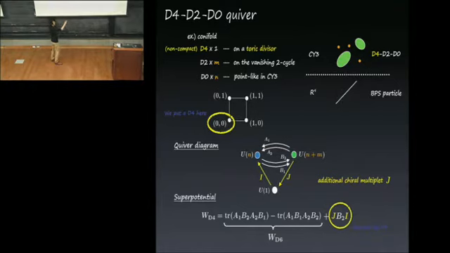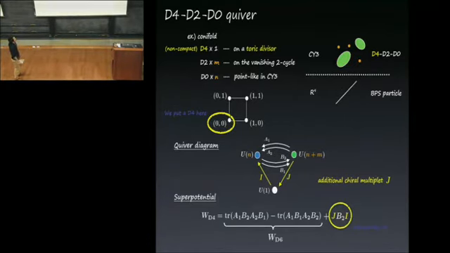In the D6-D2-D0 case, we didn't have J. We only have I, so we cannot write down any gauge invariant operator including I, because we have to close the trace. So in the D6 case, D6 did nothing to the superpotential. But in the D4 case, we can write down a gauge invariant operator including this node. So that's why we have this term. Thank you, that's a good question.